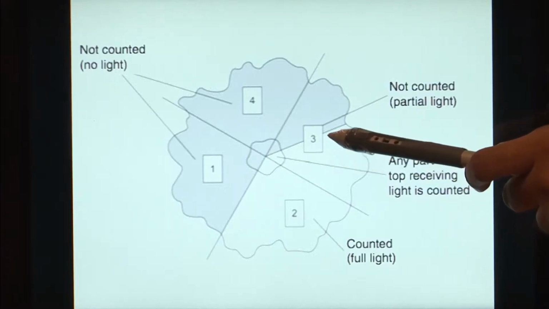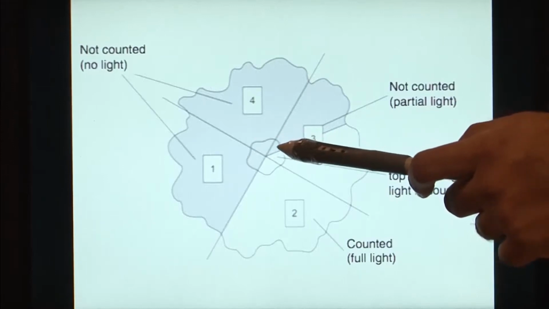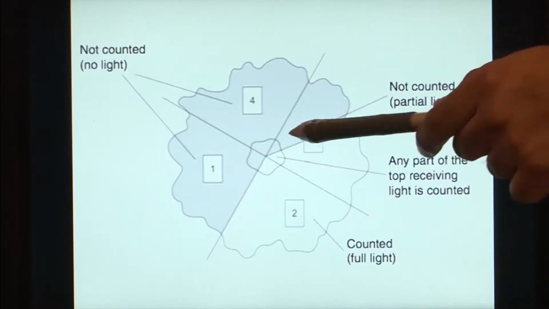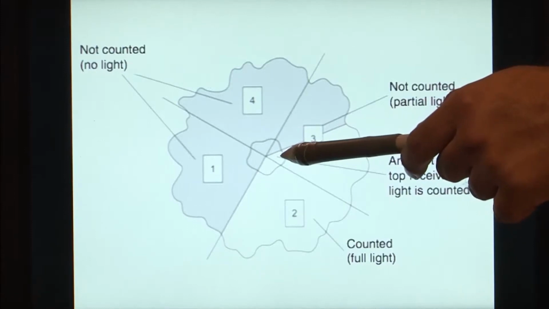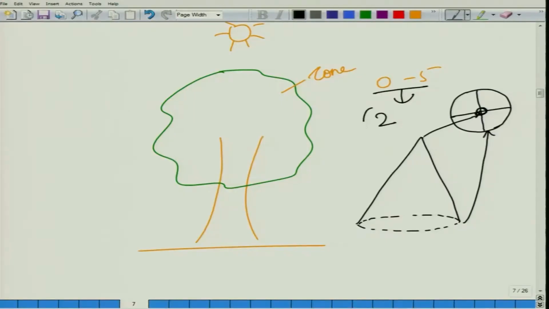If it is not receiving light completely, it will not be counted, but in the case of the top portion, if it is receiving any amount of light, it will be counted. So, the top portion will be counted in this case because it is receiving light in this part and this part. Out of the 5 parts, part 2 is receiving light and the top part is receiving light, so only 2 parts are receiving light. In this case the value, from 0 to 5, will be 2.